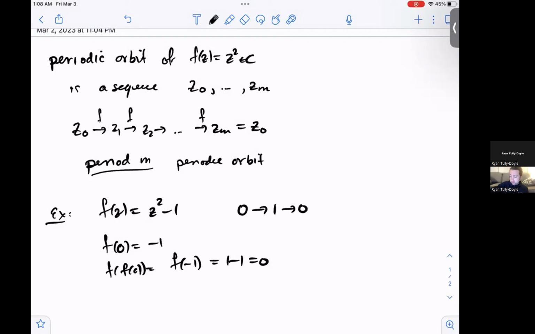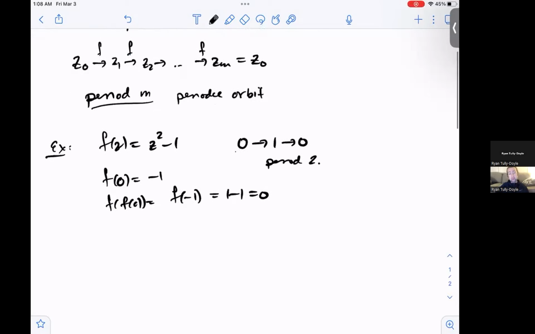So this particular sequence is period 2. This is a period 2 sequence. And yeah, that's sort of what we mean. There were other functions that we saw in the demonstration that had periods longer than that, or at least exhibited behavior that was longer than that.